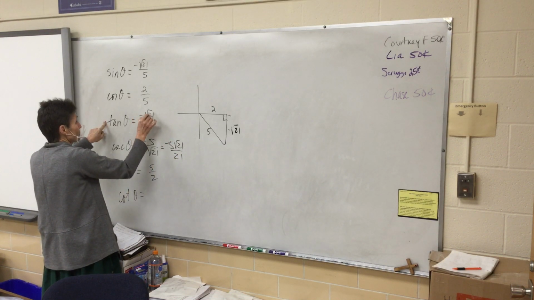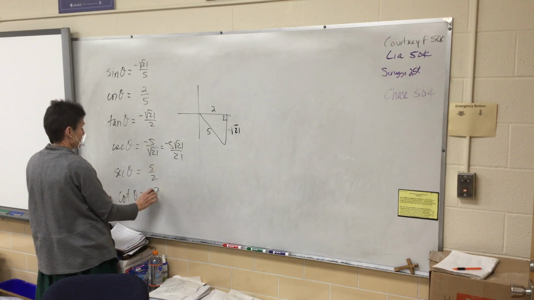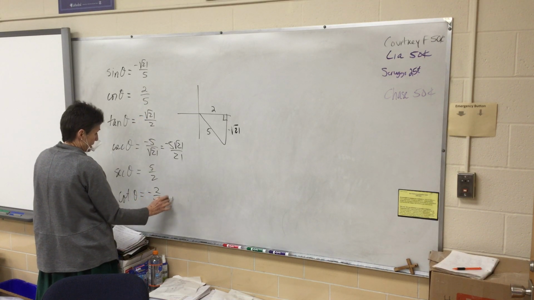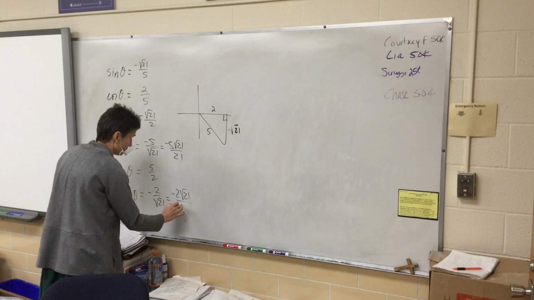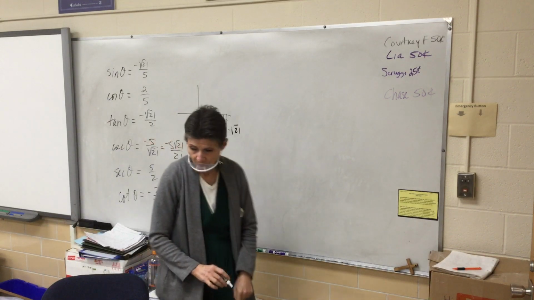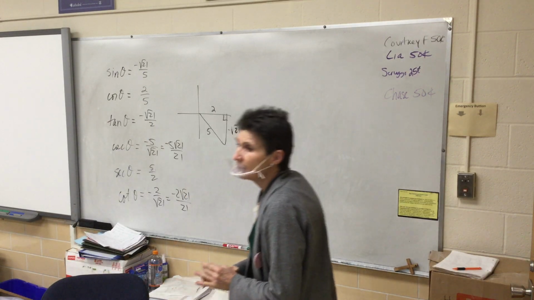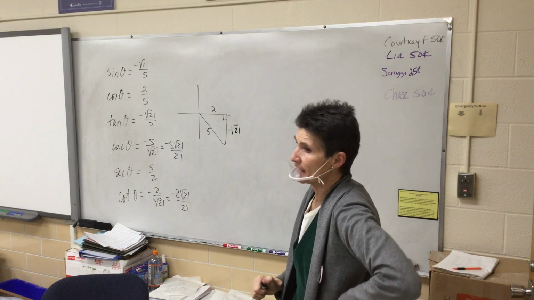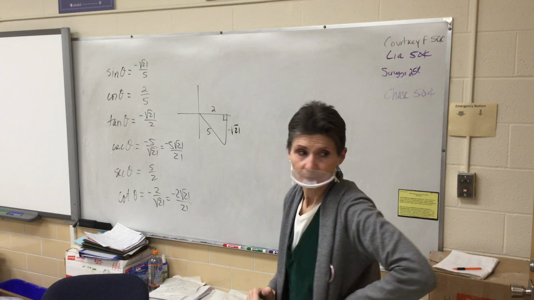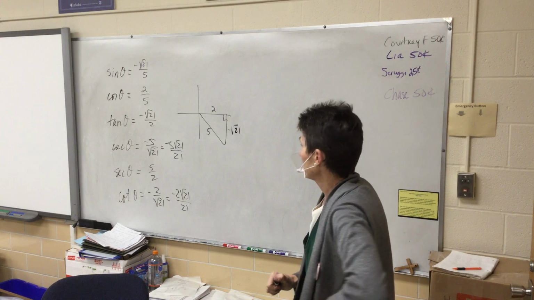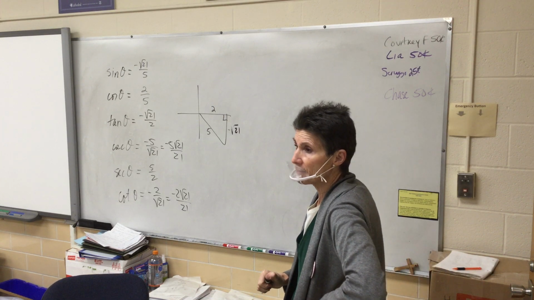Tangent is negative root 21 over 2, and negative 2 root 21 over 21. How does that look? We've been doing that kind since the beginning of the chapter. We okay with that?